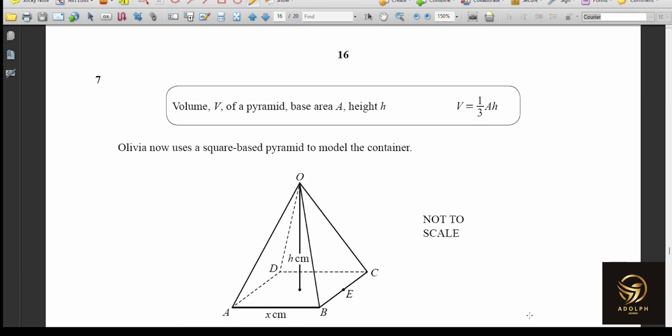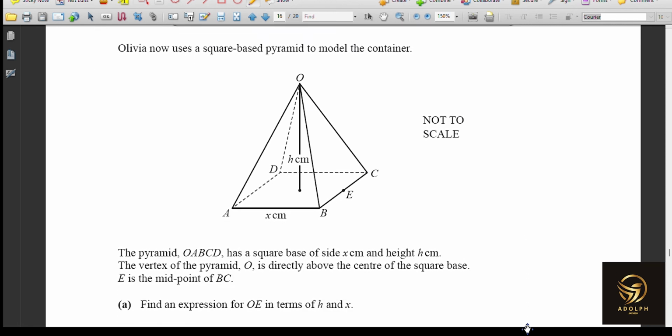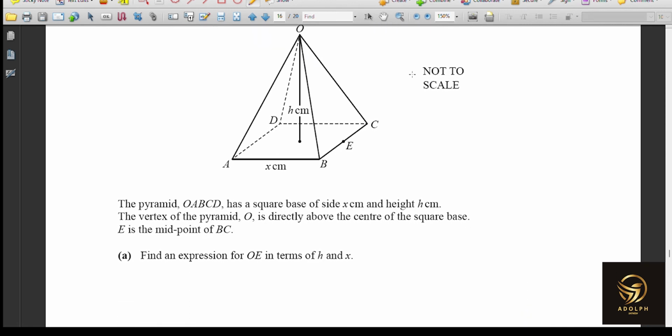Olivia now uses a square based pyramid to model the container. In this question, the pyramid OABCD has a square base of side x centimeters and height h centimeters. The vertex of the pyramid O is directly above the center of the square base. E is the midpoint of BC.